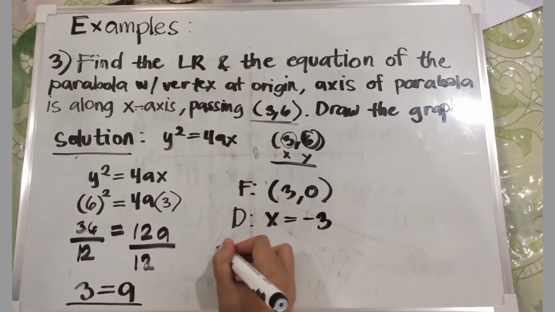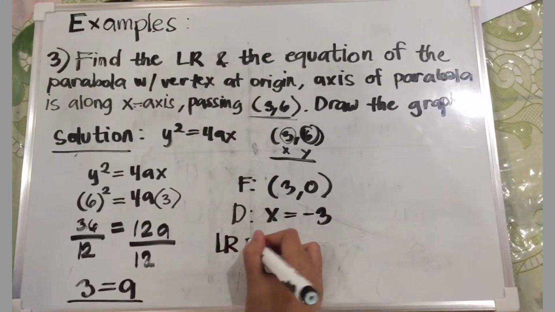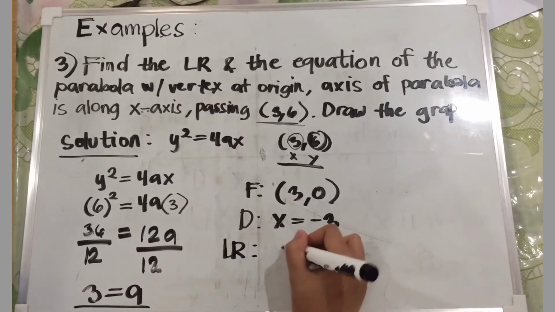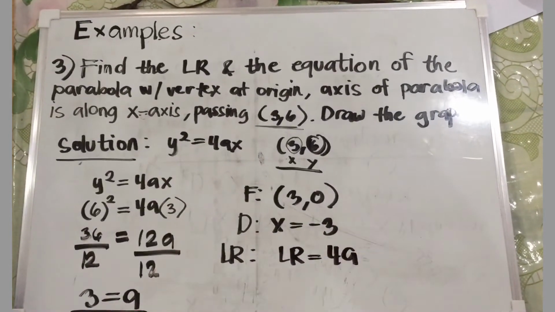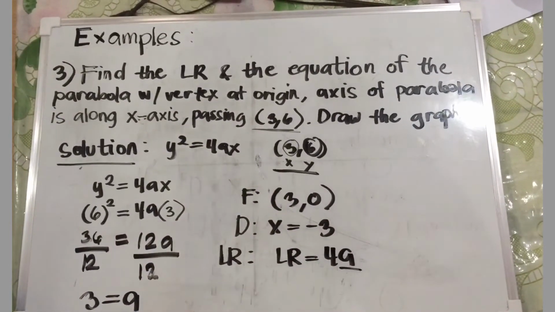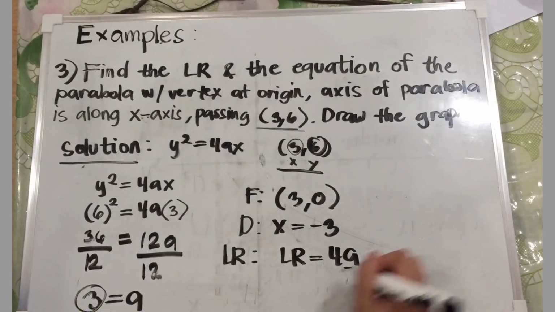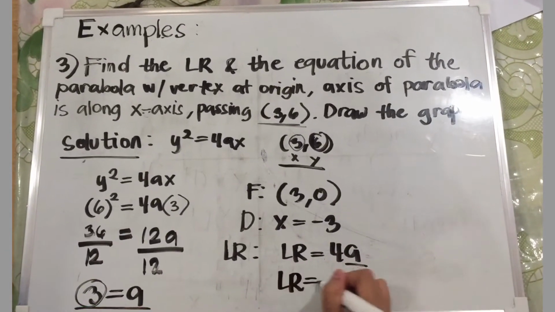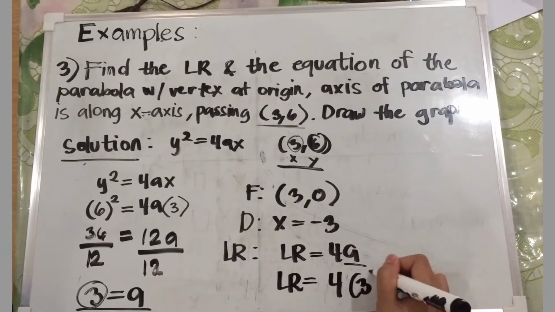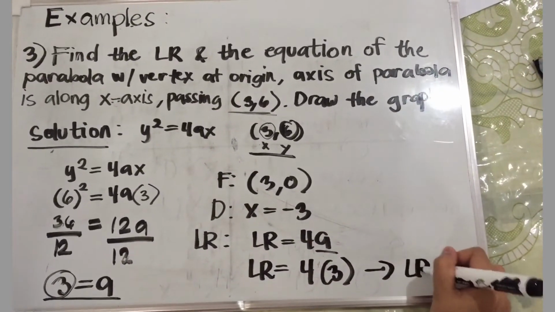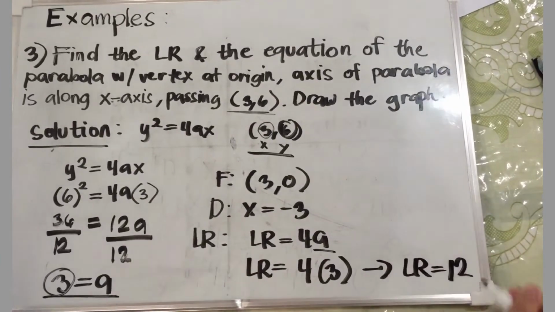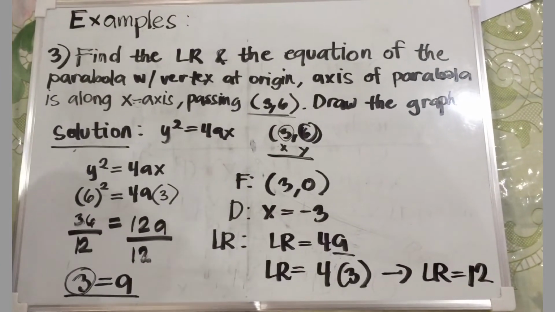And the length of latus rectum, from the equation LR equals 4a, we have to substitute a by 3. So this will become 4 times 3. So the answer is 12. So the latus rectum is 12.